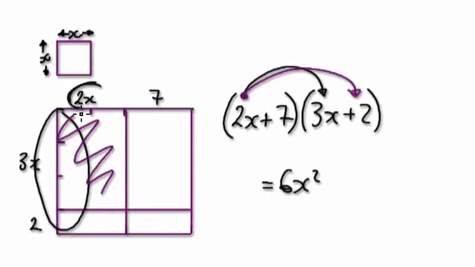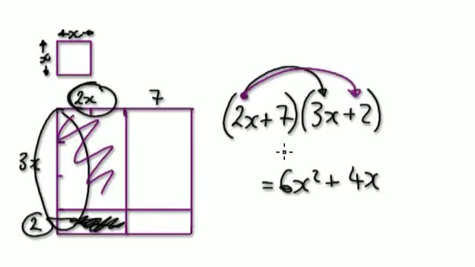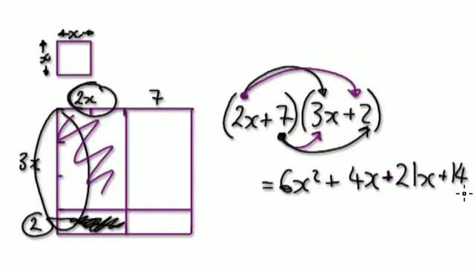Remember we are getting this times this here, so that will give us this bit here. So that would be plus 2x times 2, that will be 4x. Now do this times this. So 7 times 3x will be 21x, and then the 7 times the 2 here will be 14. So basically this area here is 14, this here is 21x. Whatever x is, we don't really care. It's just the width of my house.